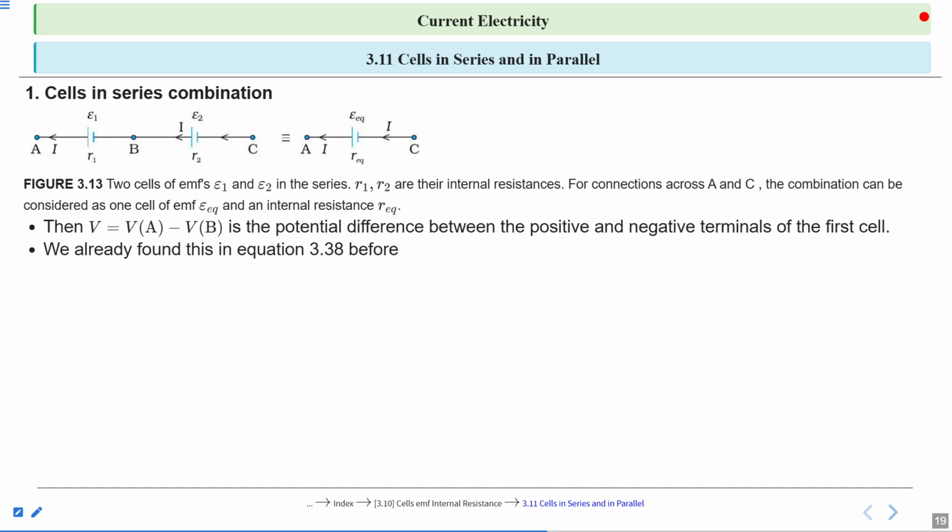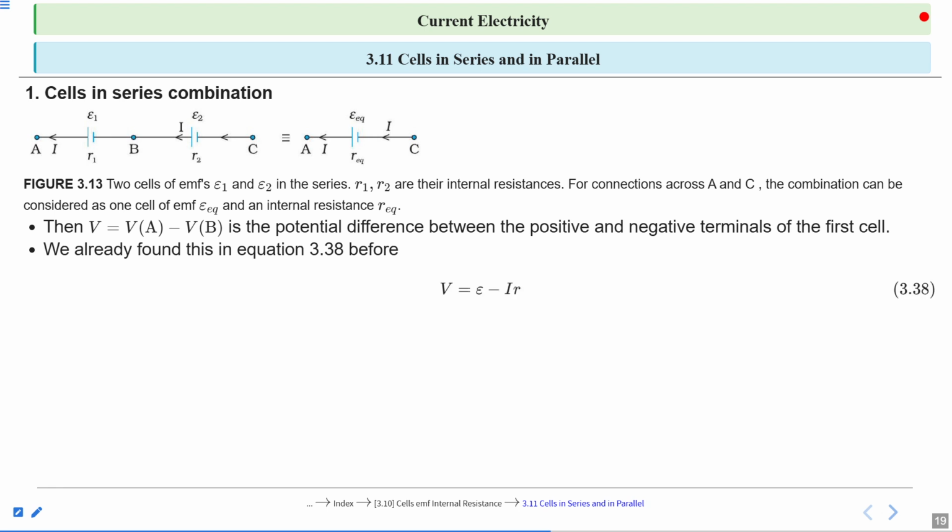We already found this in equation 3.38, where we found the potential difference across the cell when there is current flowing through it. Also in the diagram, current I is flowing through both the cells. If current is flowing through the circuit, the potential difference will be less than the EMF.